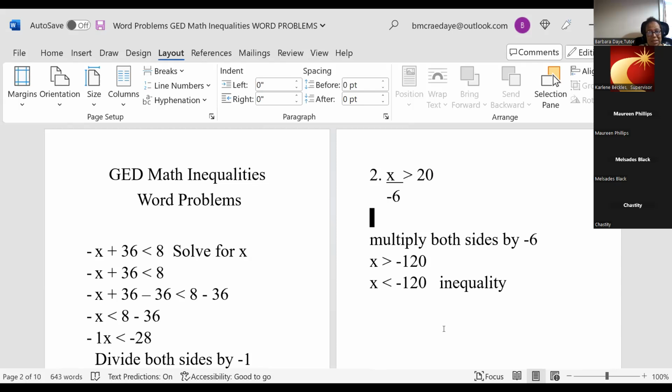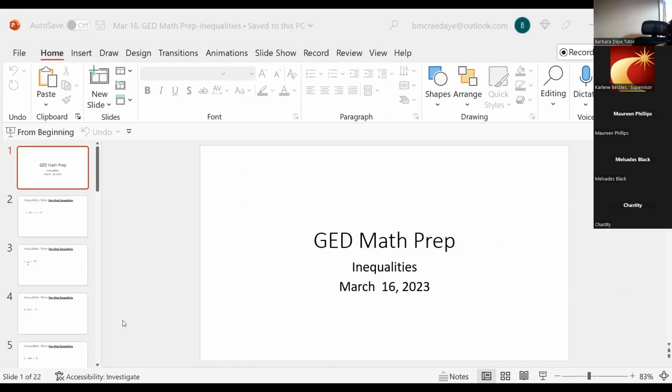Practice, practice, practice. Now, let me go back to my screen that's not working and get another one-step inequality. Okay, now this one is 17x greater than minus 17.